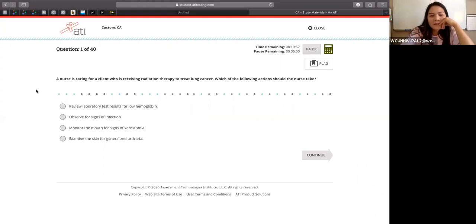Okay. A nurse is caring for a client who is receiving radiation therapy to treat lung cancer. Which of the following actions should the nurse take? Review laboratory tests for a result of low hemoglobin, observe signs for infection, monitor mouth for signs of xerostomia, examine the skin for generalized urticaria.